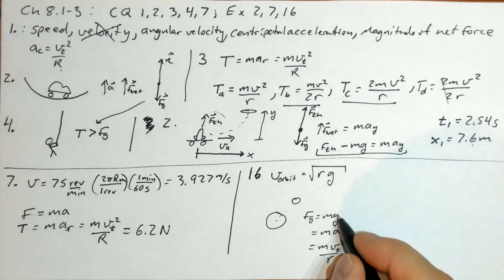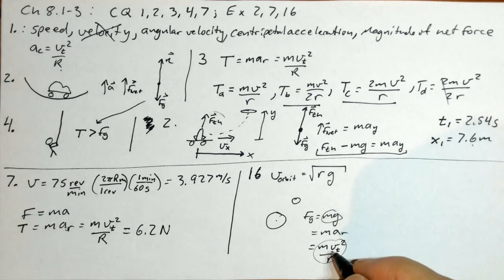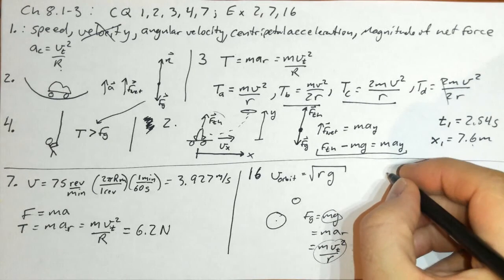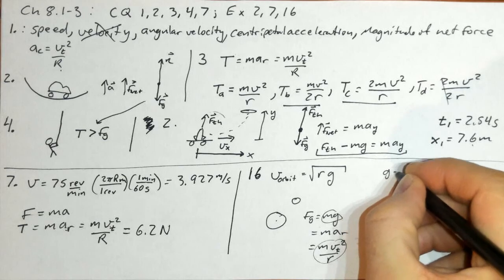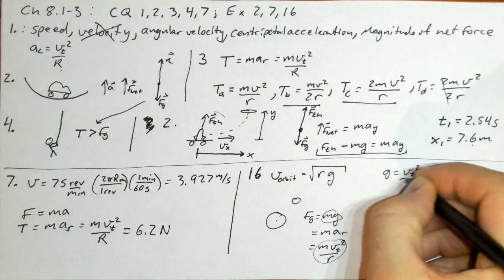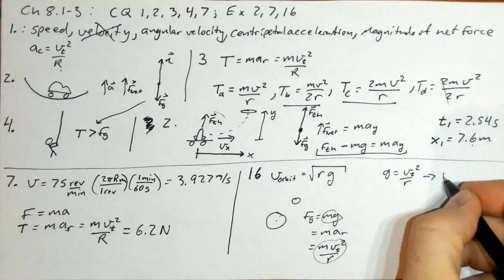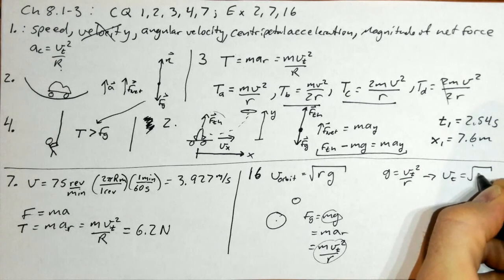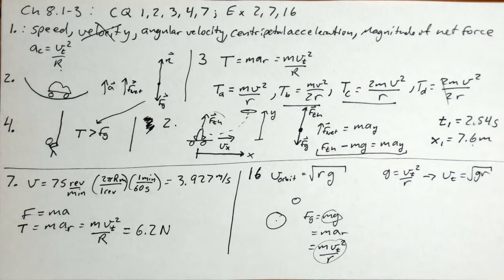Then we can set this equal to this, and we end up with g equals vt squared over r, or vt equals square root of g times r, which is what we had before.